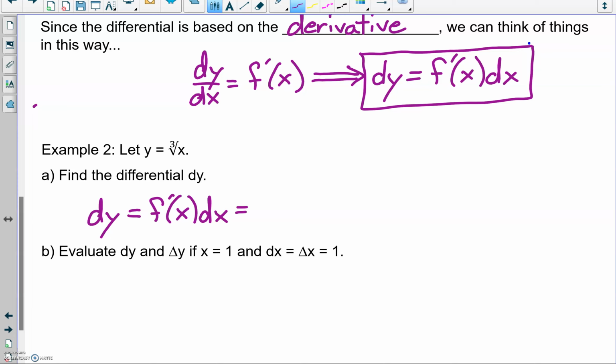And the f prime of x, if you were to think of this cube root of x as being x to the 1/3, you work out that derivative using the power rule, you're going to get 1 over 3x to the 2/3 power, and then times dx. So the f prime of x is here, and then we multiply that by the change in x in order to get our differential-based change in y.